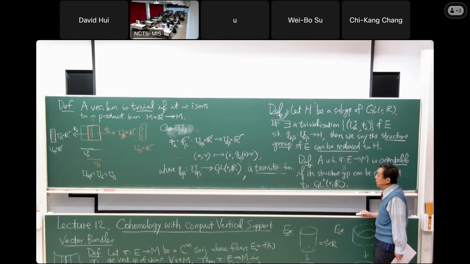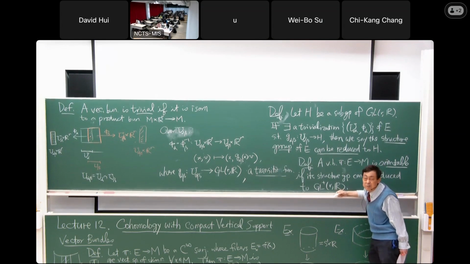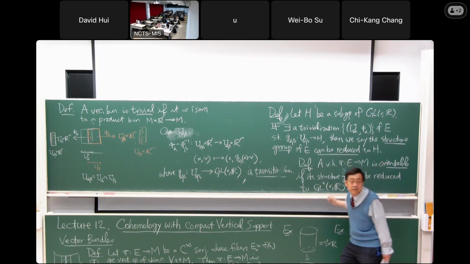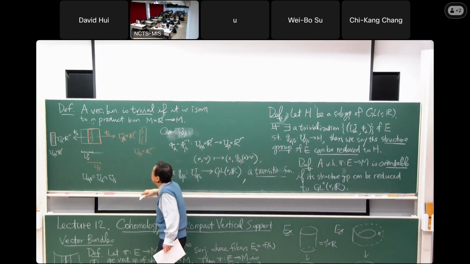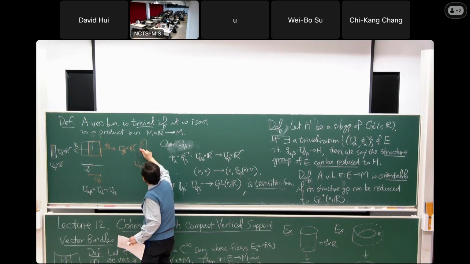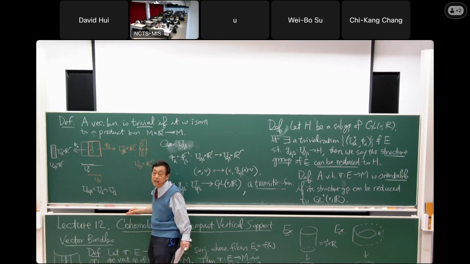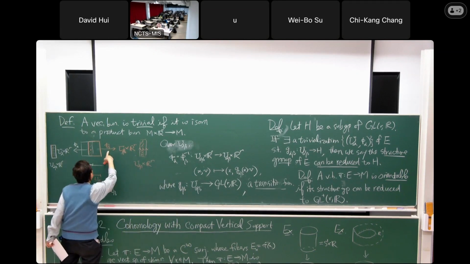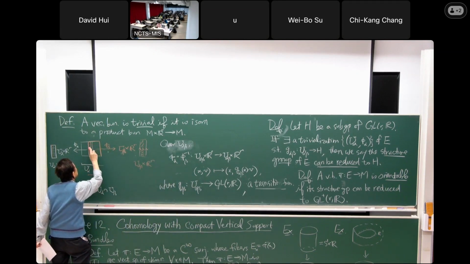So if you can reduce the structure group to GL plus, then there is a consistent way of putting an orientation on each fiber of the vector bundle, okay? Because on a Euclidean space, you have an orientation. So each fiber here has an orientation. And then you just use this diffeomorphism to carry the orientation over here.